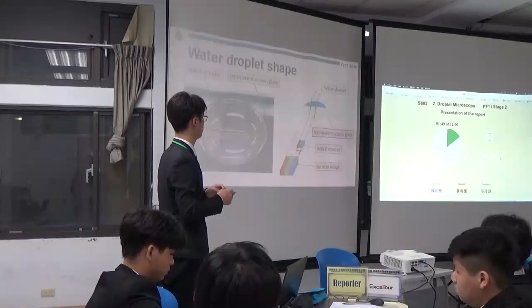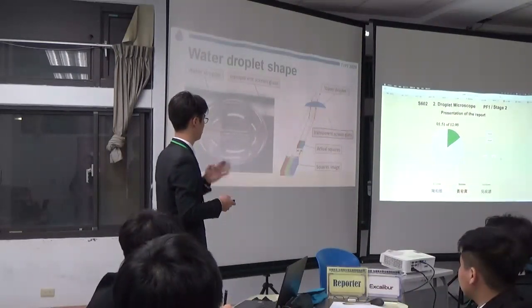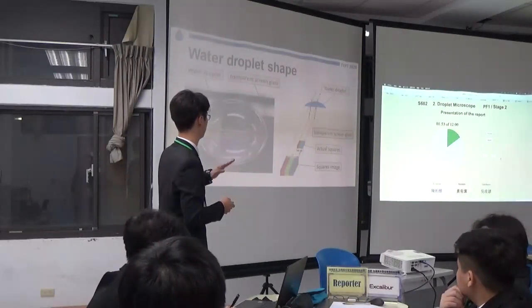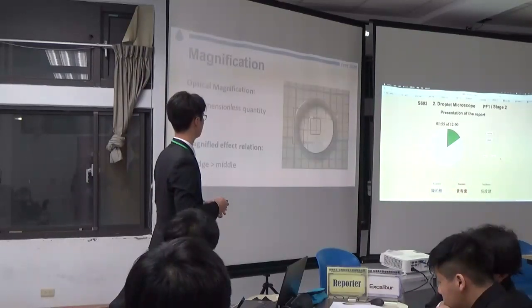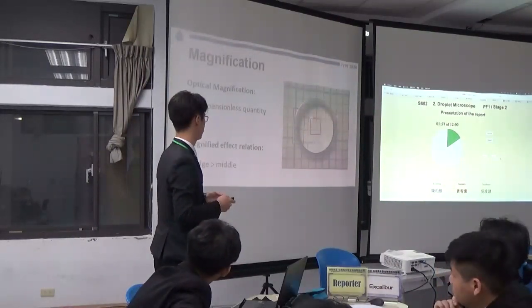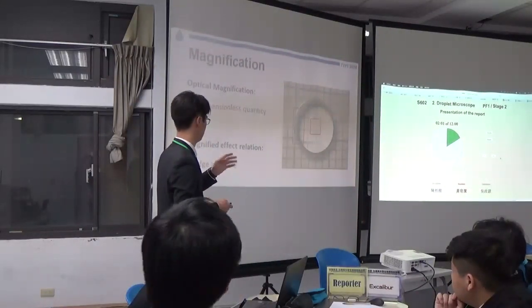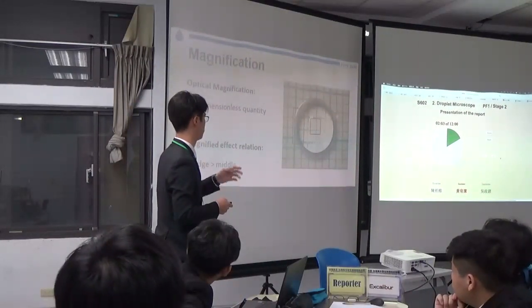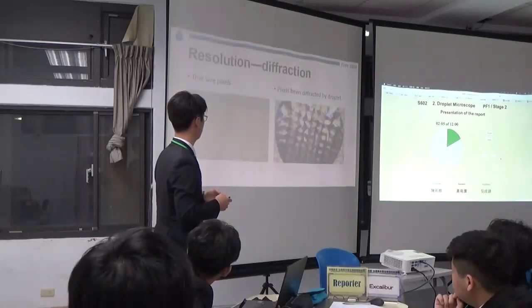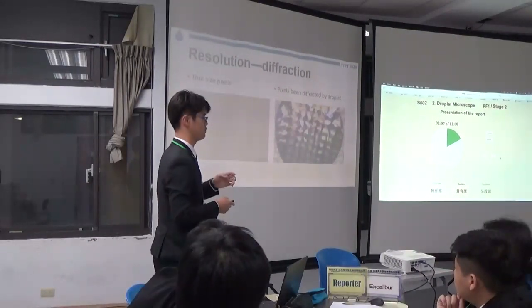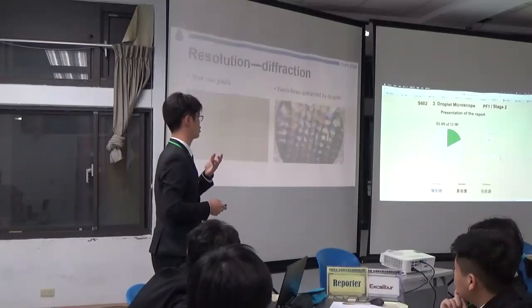Okay, and for the shape of the water droplets, because of surface tension, it will be shaped like a lens just like this. Okay, and for magnification, we can observe that the magnification at the edge will be larger than in the middle part. And for resolution, it's actually affected by the diffraction of light.